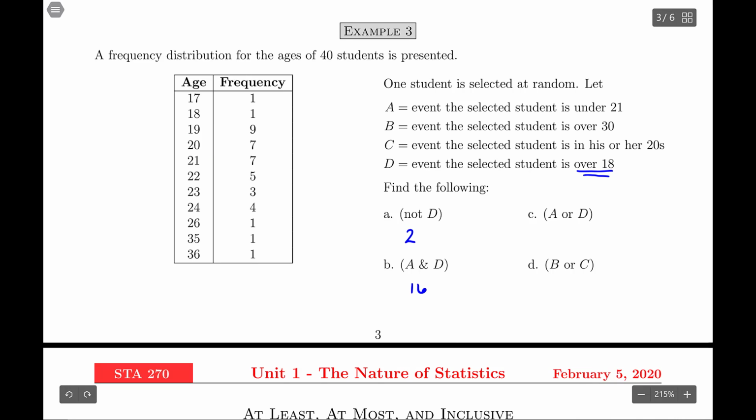Part C is A or D, and that would be the event that the selected student is under 21 or they are over 18. That would include all of the students that are 21 because they're over 18.